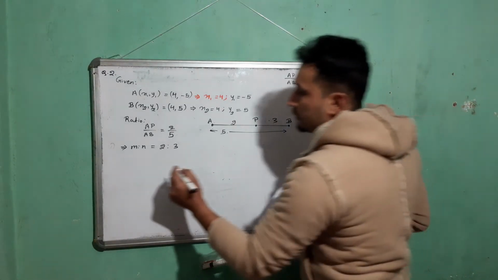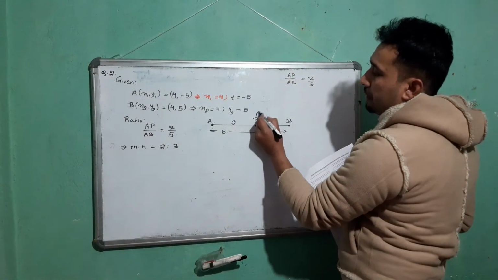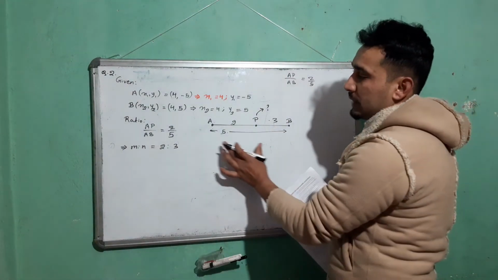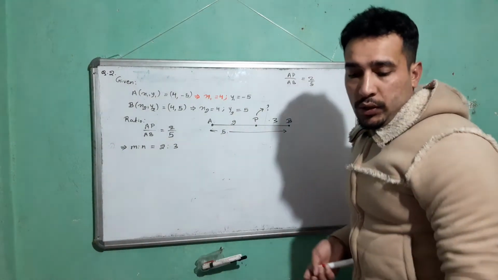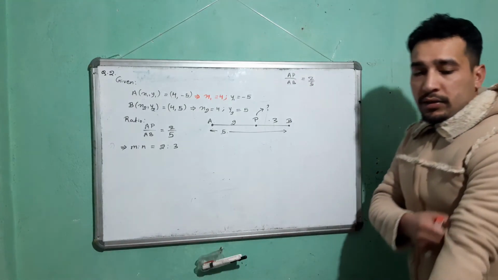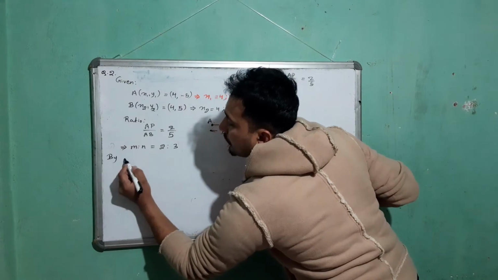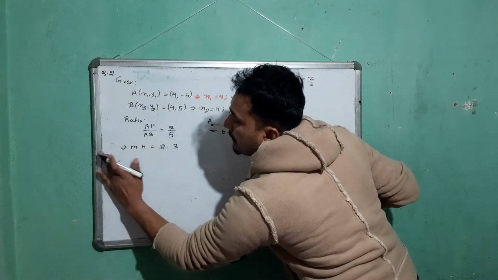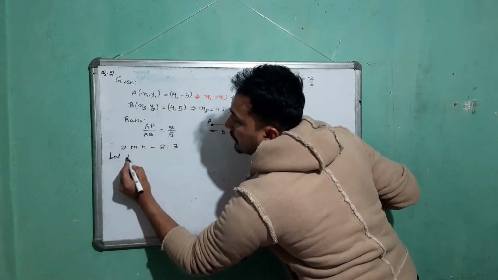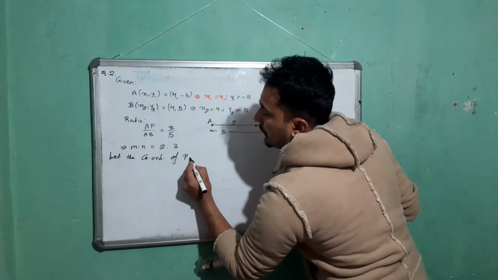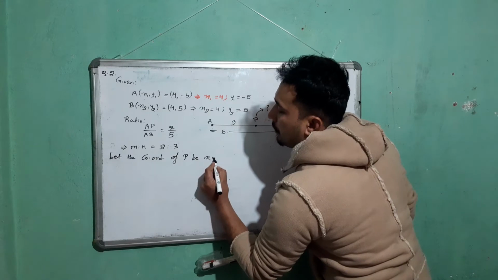Okay. In order to find the coordinate of P, this you have to find. So you have to use section formula. Since ratio is given, we need to use section formula. Okay. So let the coordinate of P be x comma y.